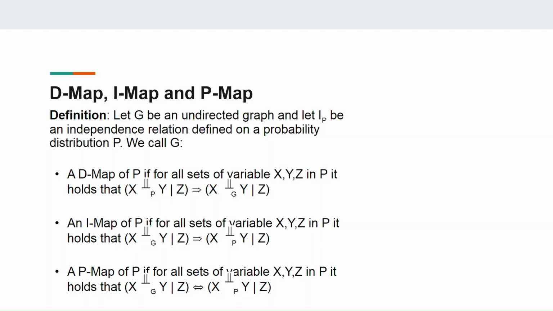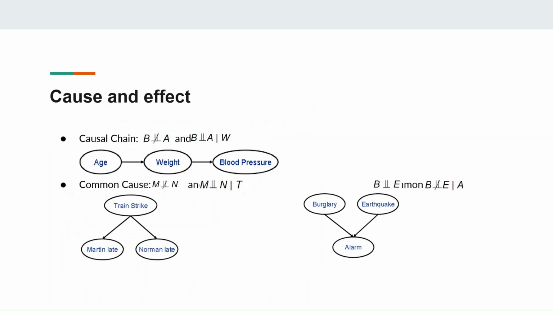Which is the reason why DMAP and IMAP always mention a probability distribution. So basically, you can only define an IMAP and a DMAP based on a probability, so based on what you already know, your data. Based on that, you can define a DMAP, an IMAP, and a PMAP. You can define it on a generalization because you can't account for all possibilities. Make sense? Somewhat?